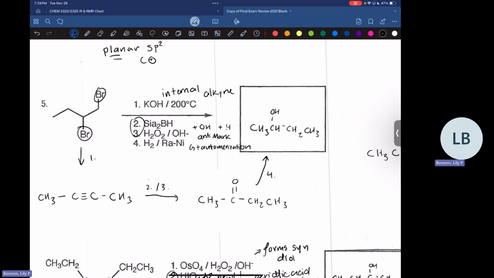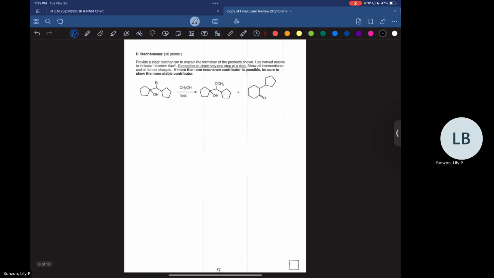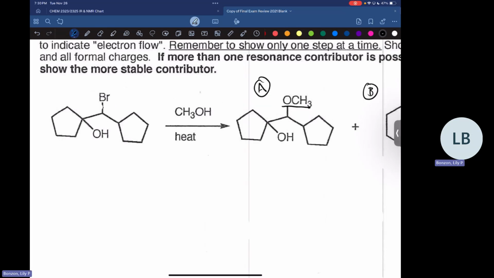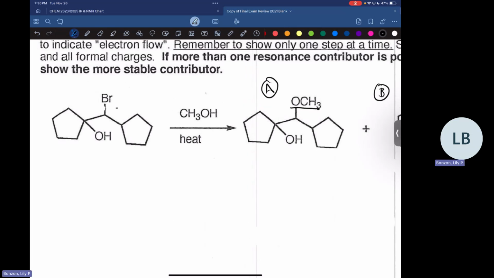I'm going to move on to mechanism. So for this mechanism question, you'll see that we form a substitution reaction, and then our other one we do a ring expansion and we form a ketone. So the first step of this reaction, we have a secondary halide, we have a weak nucleophile and a weak base.